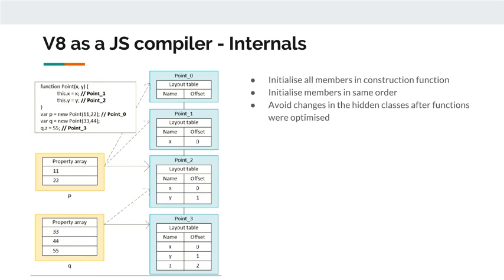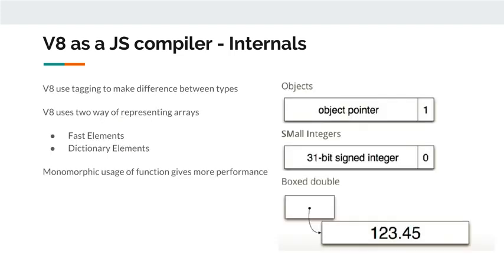Like if I do X, Y, Z and come back and initialize using Y, X, Z, then it's always going to generate another version of the hidden class. So also you need to avoid changes in the hidden class after the constructor has been called, just like we had these changes here. So basically for hidden classes, this is how it ends up working.